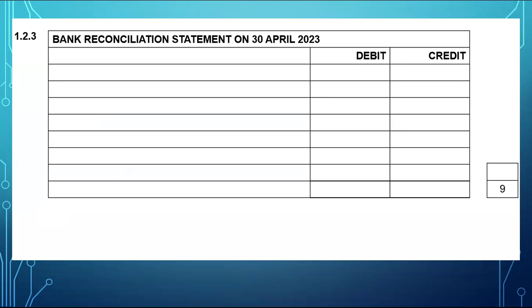And any payments that the bank didn't debit or were not appearing in the bank statement, we are going to record them on the debit side of the bank reconciliation statement. That is because when we prepare the bank reconciliation statement, we prepare it as though we are the bank.